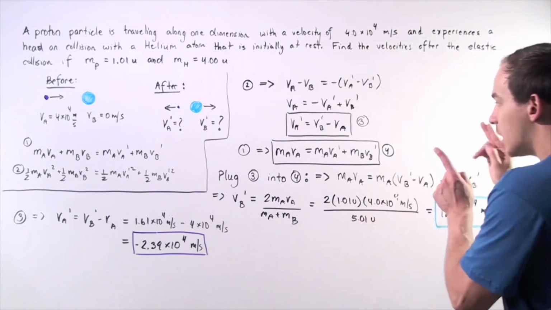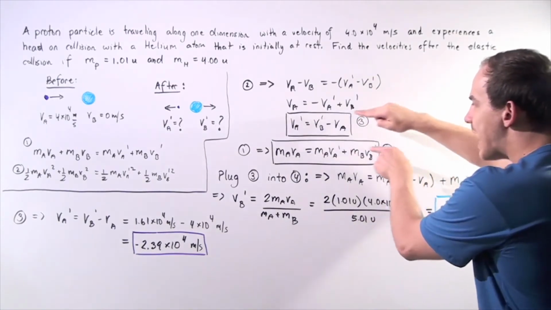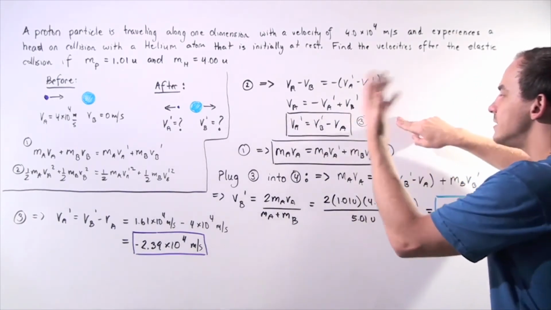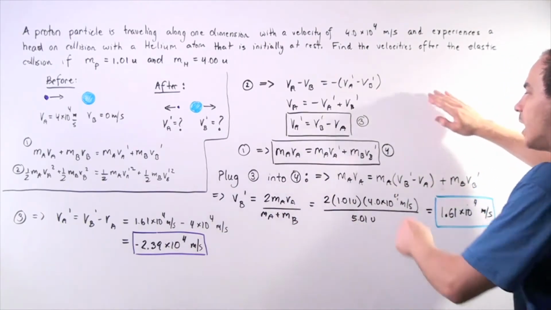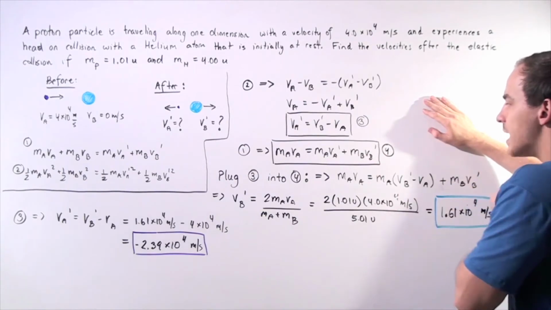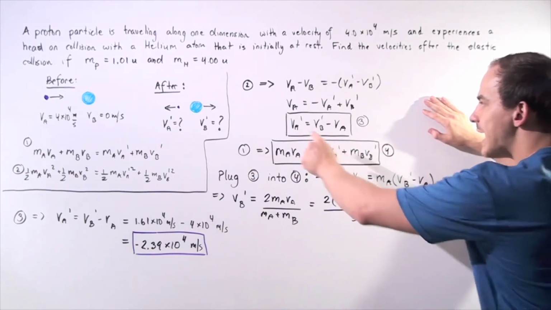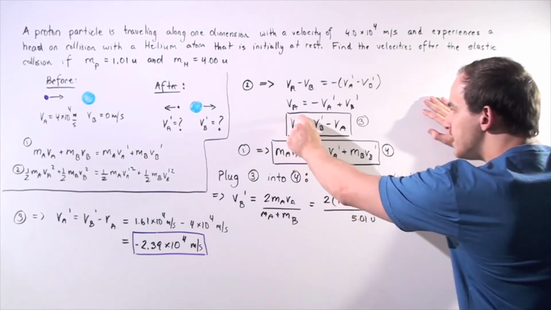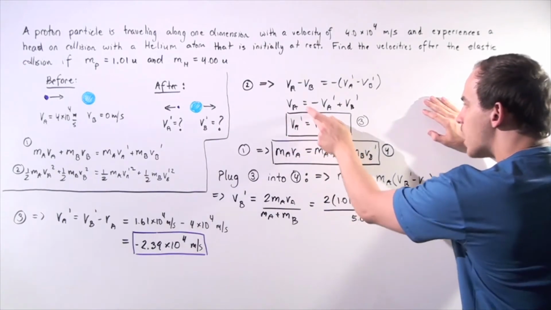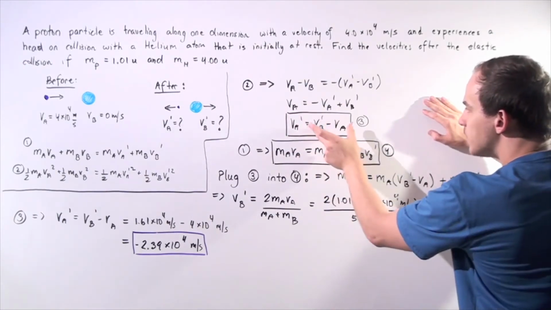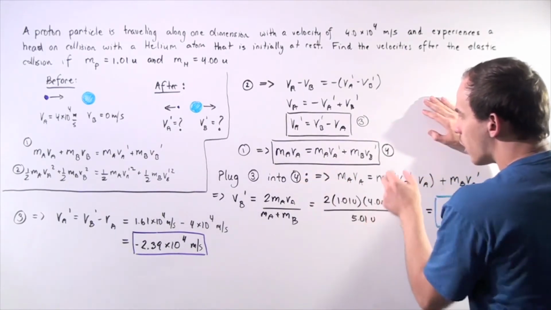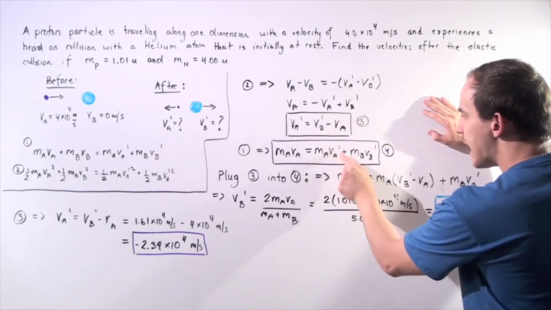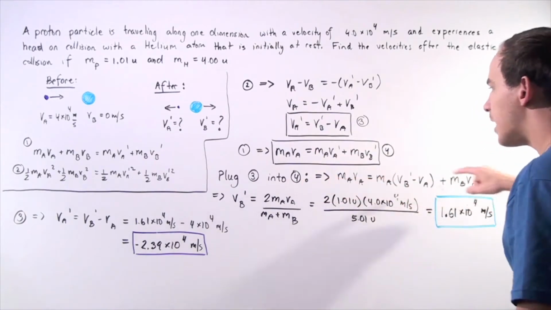Now because we have two equations and two unknowns, we can solve for one of the unknowns. So let's suppose we want to solve for VB prime. Because VA prime is equal to VB prime minus VA, we can plug equation 3 into equation 4. We plug this into VA prime, and we get the following result.